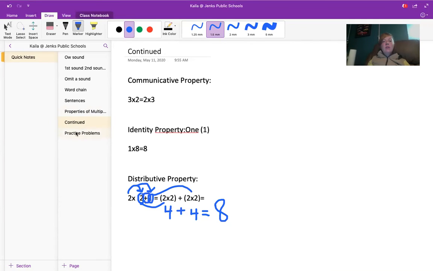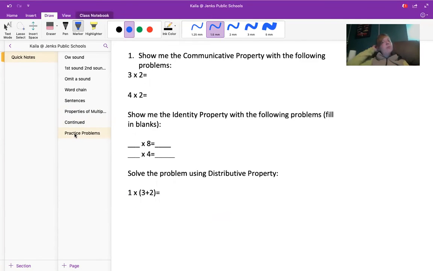Okay, guys, so here's our practice problems. You only have one page. Number 1 says, show me the commutative property with the following problems: 3 times 2 and 4 times 2. Remember the keyword, commutative property is to flip.